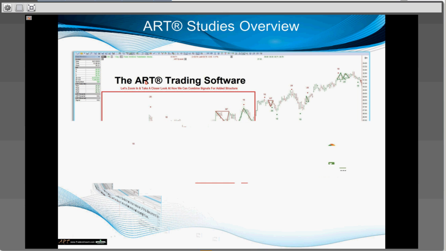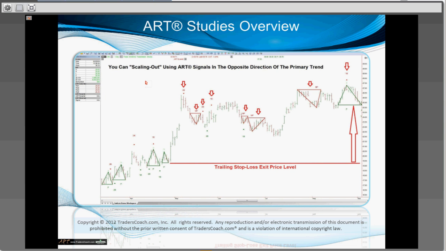All right? So let me go on to another slide here, and let's give this a second to load. This is a magnification of that squared area from the previous chart. And all these down areas are areas that the ART software has created as possible areas to scale out only. Options to scale out on bearish signals in the opposite direction of the trend. Now, the green pyramids with the label of P under them stand for primary trend. So the trend is up. The red-colored triangular pyramids have an MP above them.